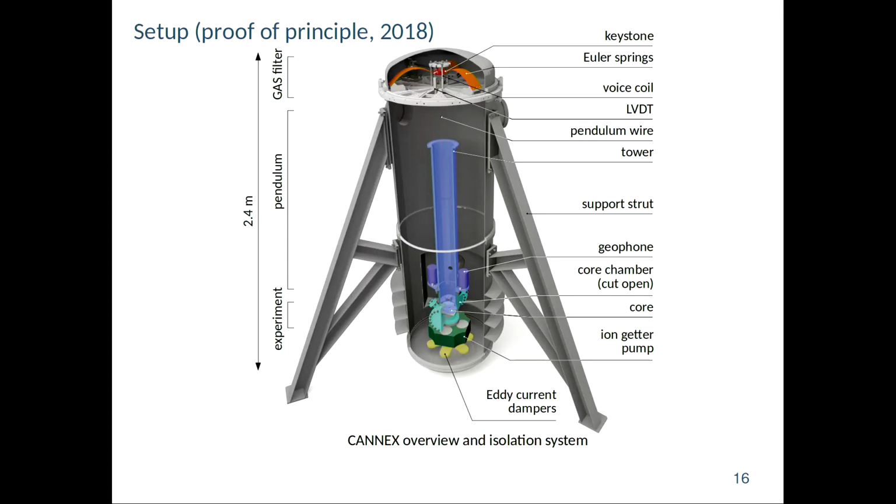That brings me to the setup that we have. It's called CANNEX. This was the setup that we used in 2018 for the proof of principle. What you see here is just a huge vacuum chamber that serves for isolation against seismic and thermal influences. The actual experiment hangs here on a pendulum inside a smaller vacuum chamber, and the actual experiment is just this small part here.